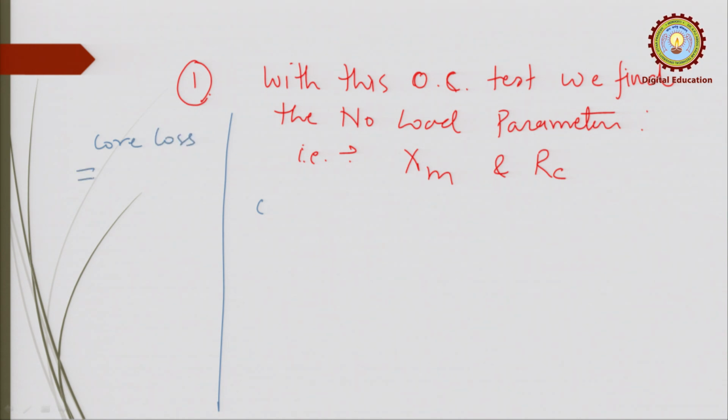What is core loss? It is the sum of the hysteresis loss plus the eddy current loss. The hysteresis loss is proportional to the frequency and the flux density, and the eddy current loss is proportional to the flux density square, Bm square.